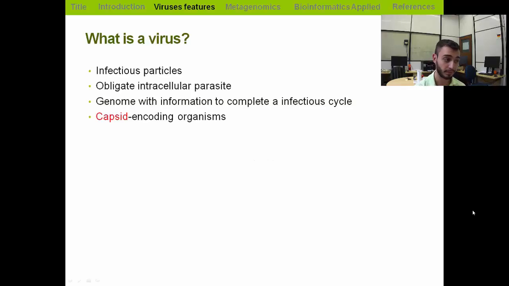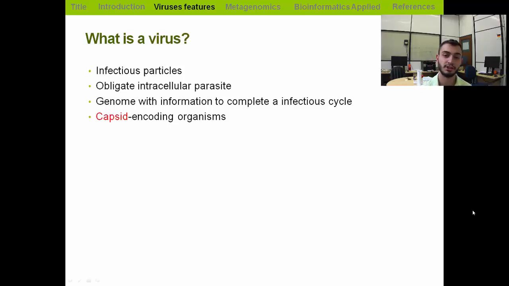Let's start. The first question that pops up in our mind is, what is a virus? There are some old definitions that say that viruses are infectious particles, obligate intracellular parasites, although this parasite concept is not quite right yet, because I don't know if viruses fit into it, but you can say that.